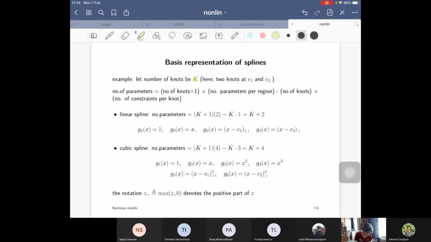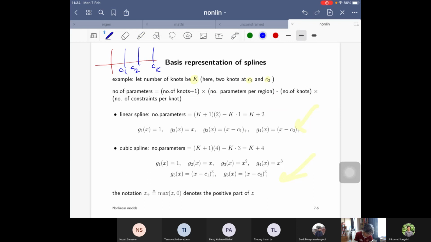Suppose you have k knots, and in this example I'm going to let k be 2, only two knots, C1 and C2. As we saw before, if we have k knots, C1, C2, up to CK, you partition the region of X into k plus 1 regions.